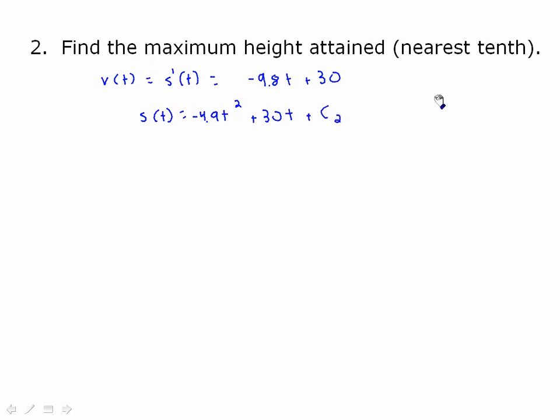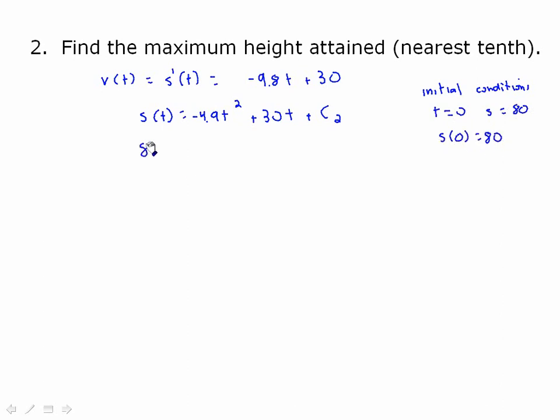If you go back to the original question, at t equal to 0, the position is 80 meters, height of 80 meters.